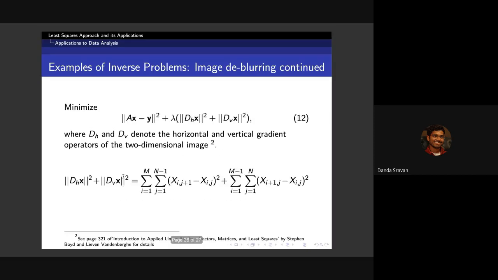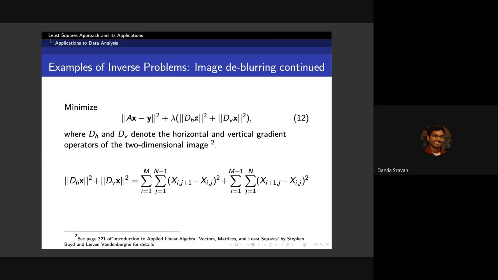So what we do is, recall that we use some kind of smoothing to take care of the fact that I want neighboring values to be the same in the sales prediction. Continuing on that idea, when we are working on images, you can think of an image as a grid, right? So each pixel is adjacent to two pixels on the vertical line and two on the horizontal line.